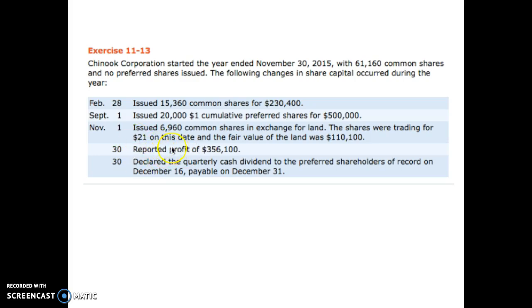And then they reported some profits, which get closed to retained earnings, and they declared a quarterly cash dividend to the preferred shareholders. So obviously, when we close the books for the year, we close dividends to retained earnings, just like we close profits to retained earnings. So if we close profits of 356 and we issue dividends to the preferred shareholders, whatever's left is therefore available to the common shareholders.